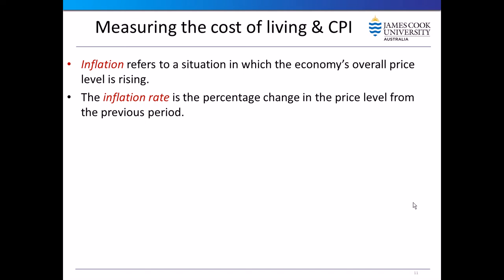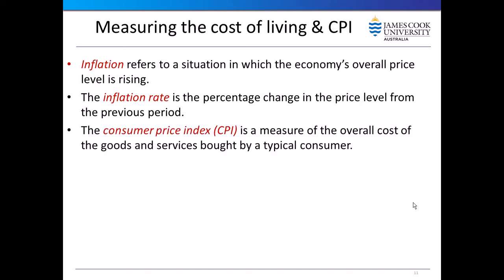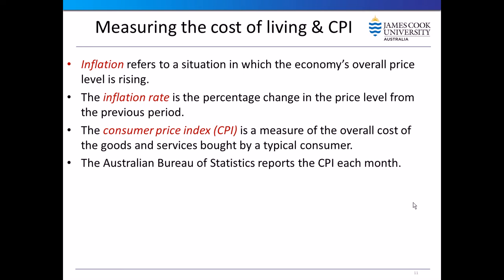We use Consumer Price Index to measure the cost of living. It is a measure of the overall cost of the goods and services bought by typical consumers. And in Australia, it is ABS, Australian Bureau of Statistics, that reports the CPI each month.